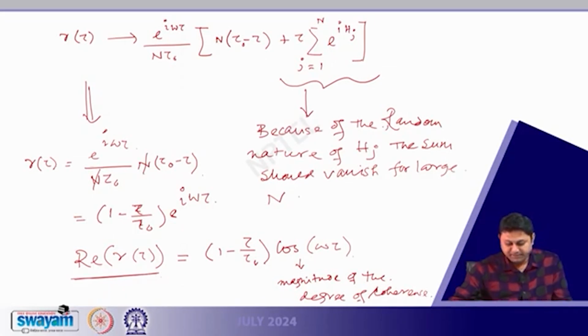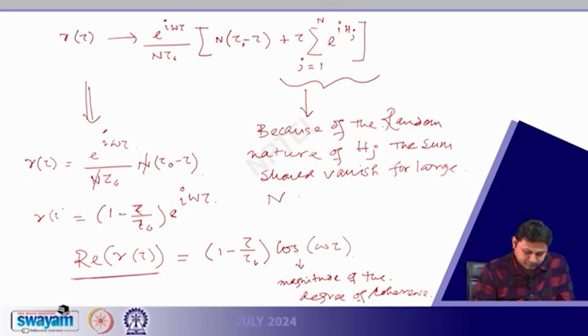So if I just consider what is the mod value, because this is the magnitude, and from this equation gamma tau, if I only take the magnitude, it is essentially the term 1 minus tau divided by tau naught, whereas gamma tau you can write as mod of gamma e to the power of i omega tau.